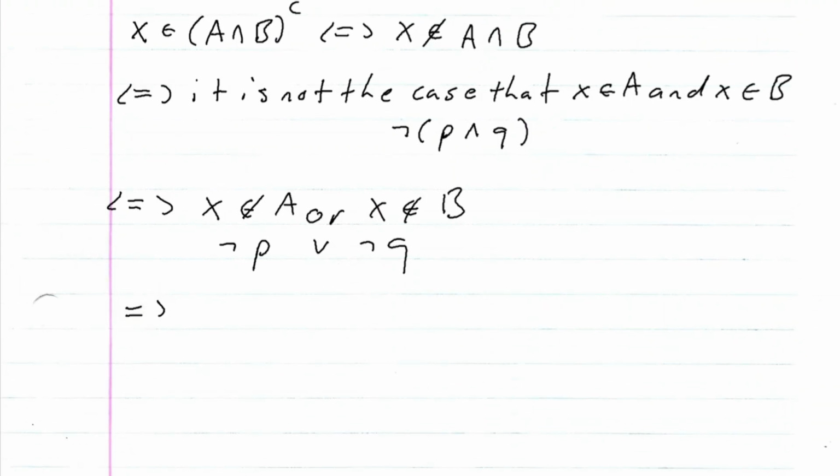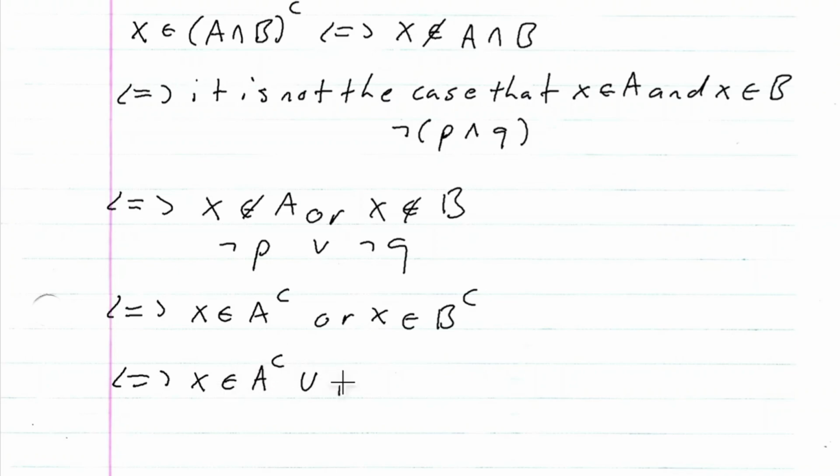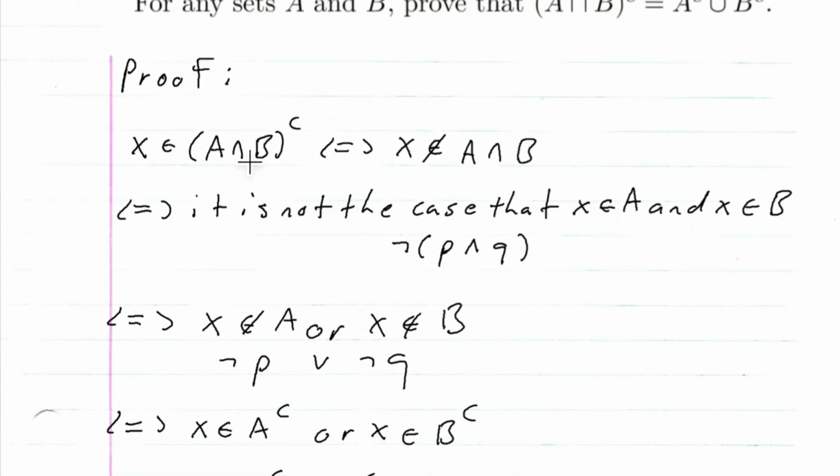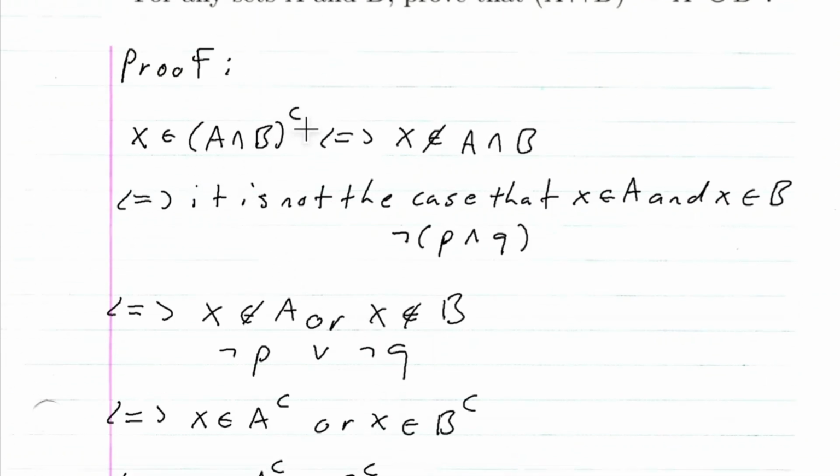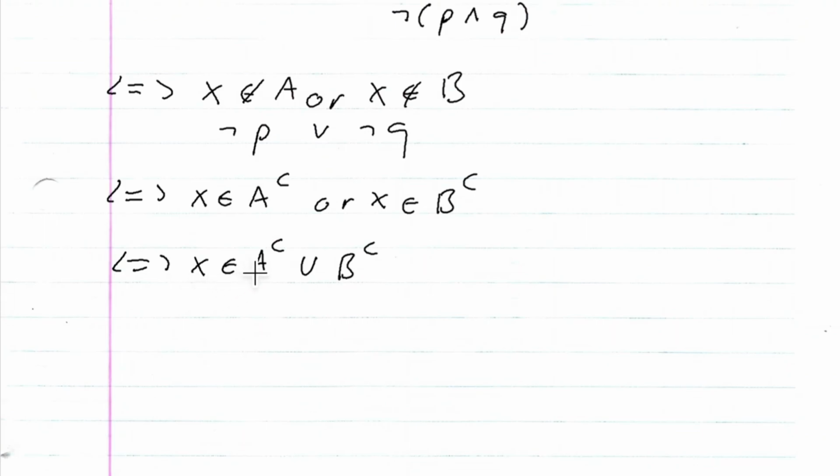So this means that X must be an element of A complement, or X must be an element of B complement. And of course, this means that X is an element of A complement union B complement. So we have that X is an element of (A intersection B) complement implies X is an element of A complement union B complement.